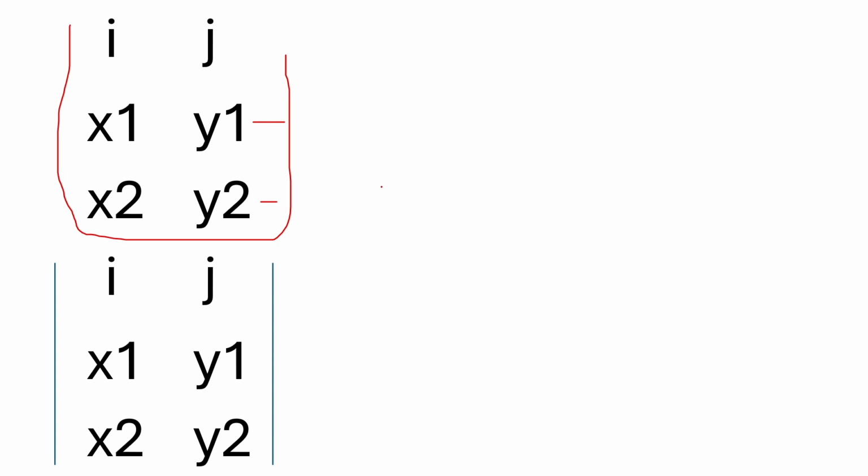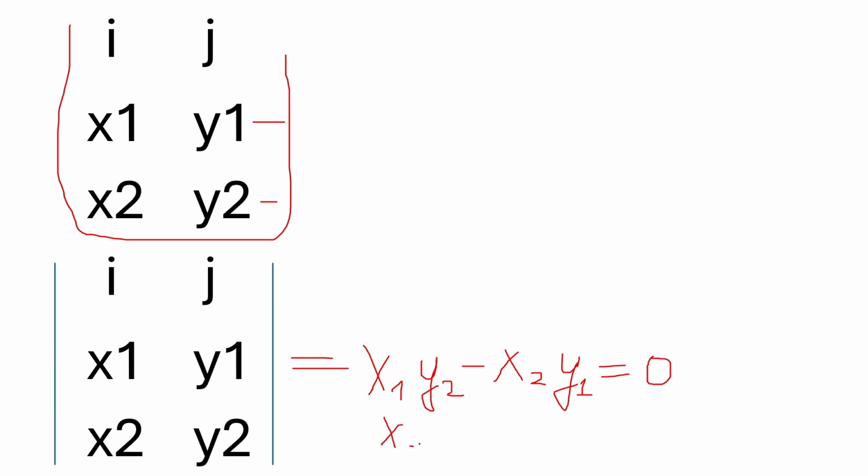The determinant of such a matrix is calculated as x1 multiplied by y2 minus x2 y1, and this expression should be equal 0, or x1 y2 equal x2 y1. Now you just need to write this condition in the code.